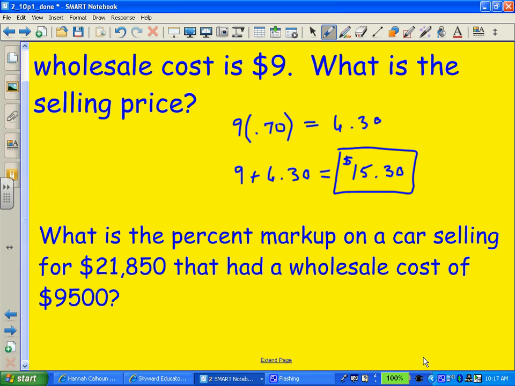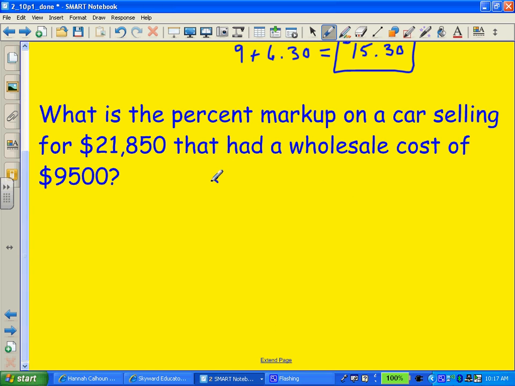Alright, now here's one with little bigger numbers. What is the percent markup on a car selling for $21,850 that had a wholesale cost of $9,500? So on these I have to do the big minus the little, and then over the original cost. Now remember, the original cost here is the wholesale cost, or the smaller number.